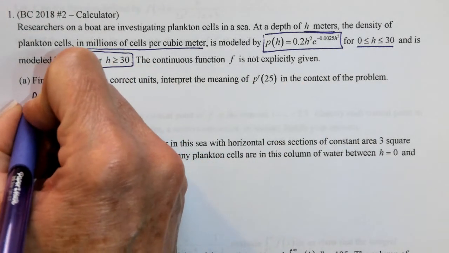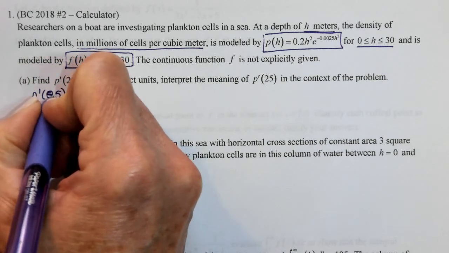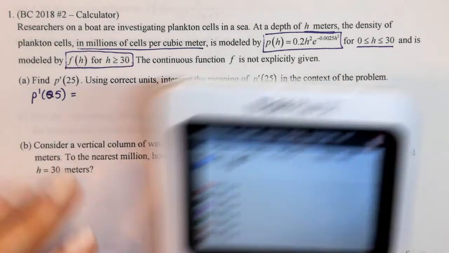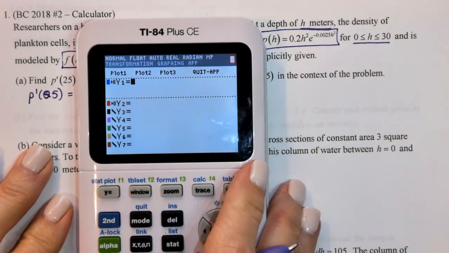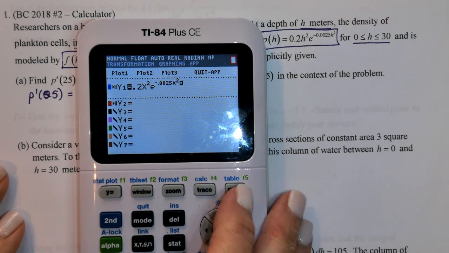So P prime at 25 will be, all right, let's put this into our calculator because I'm sure we're going to need it again. So carefully put this into our calculator where X is H, and I'm double checking to make sure that I have it in there right. I think I do.